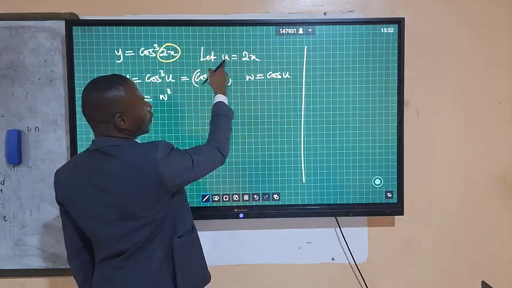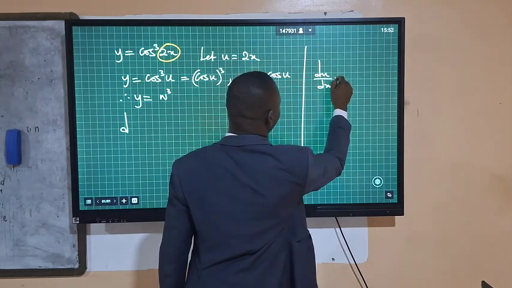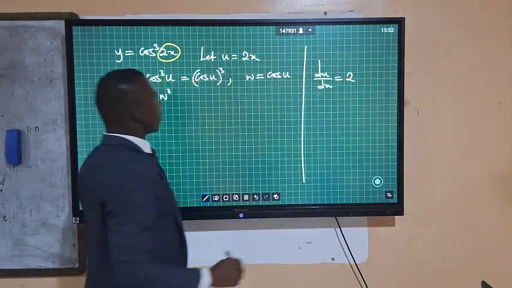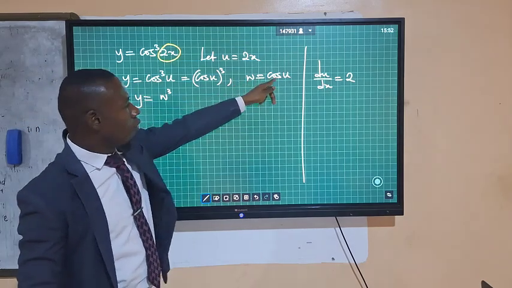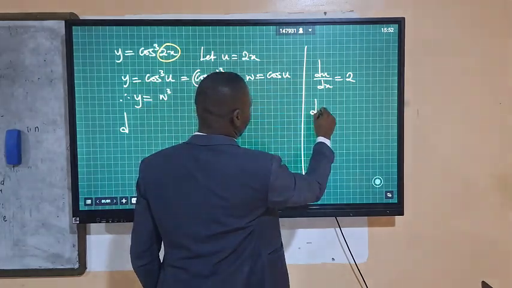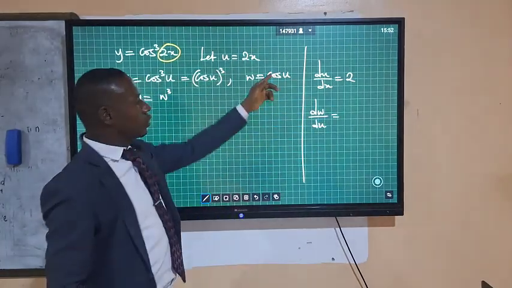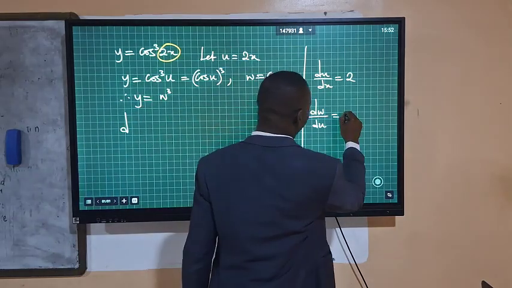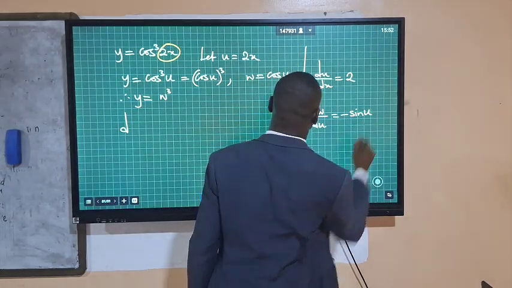Let's start from here: du over dx is equal to 2. dw over du is nothing but minus sine u.